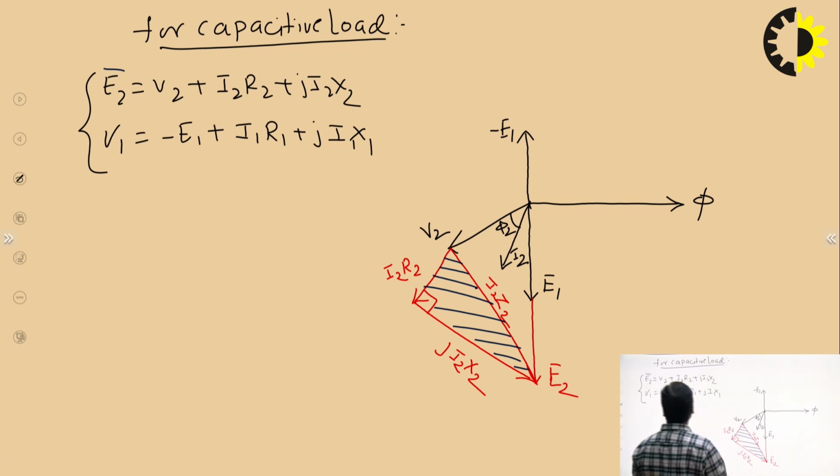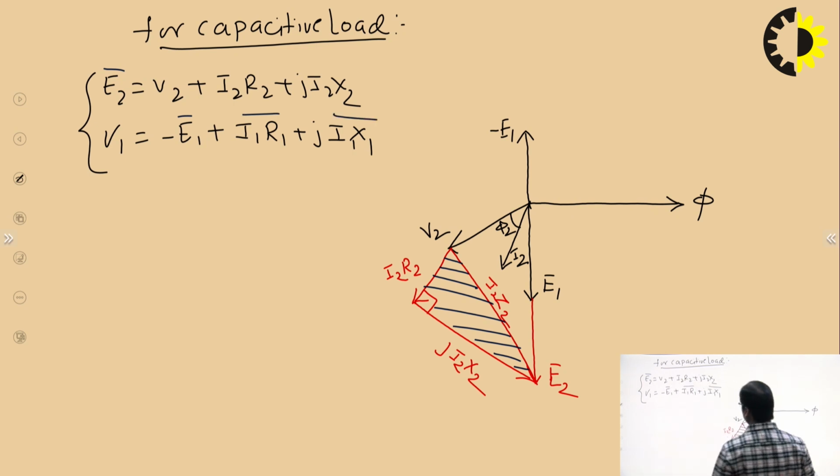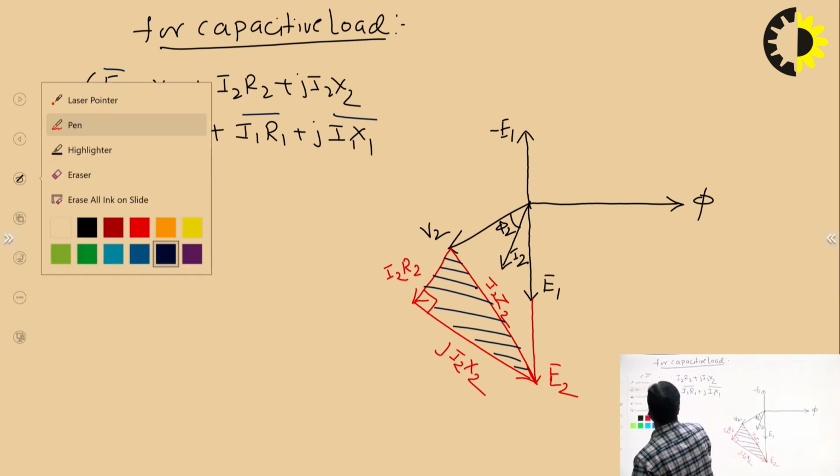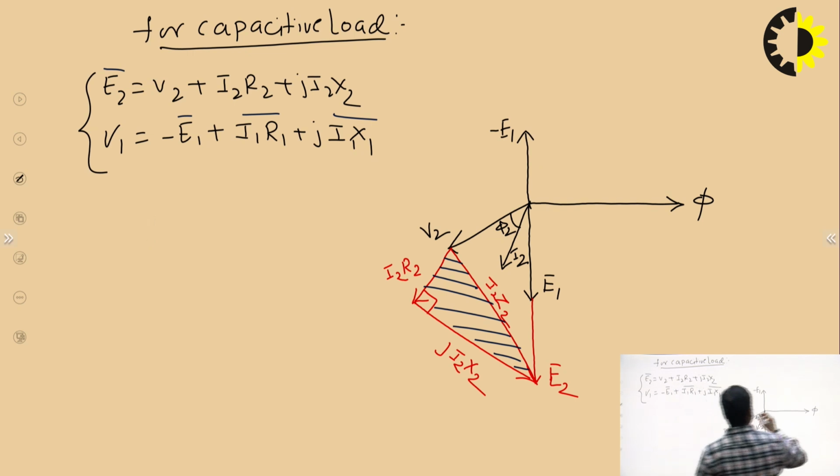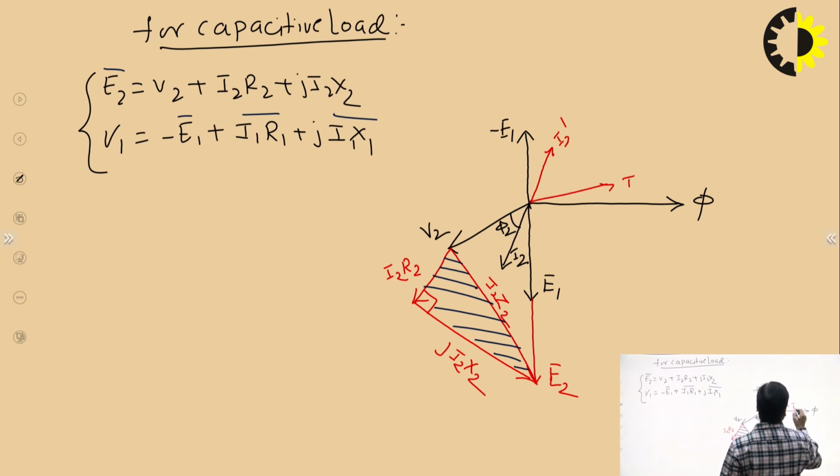Now for the primary side, we need V1, that is equal to minus E1, and the drop I1 R1 and I1 X1. So for this I1 R1 we need the primary current. I2 is there, so I2 dash must be, let us take some different color, suppose this is the I2 dash, and this is the primary current I naught.